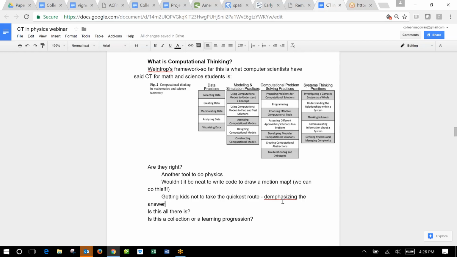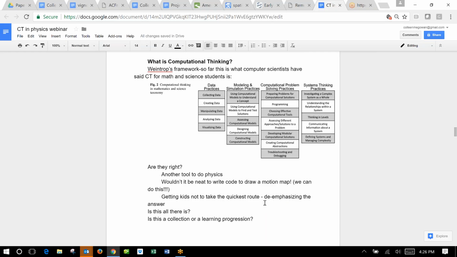And one of the things that coding allows us to do is to see doing physics as physicists do, because physicists do computational modeling for sure.